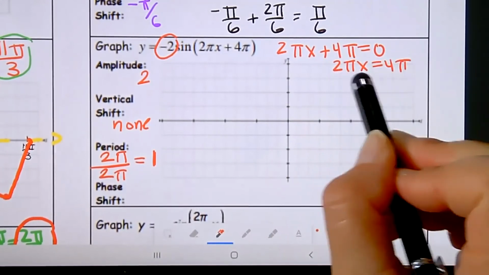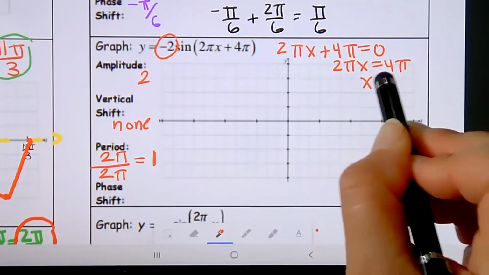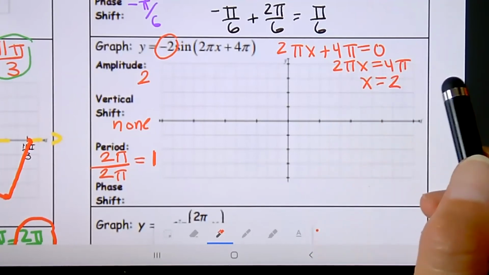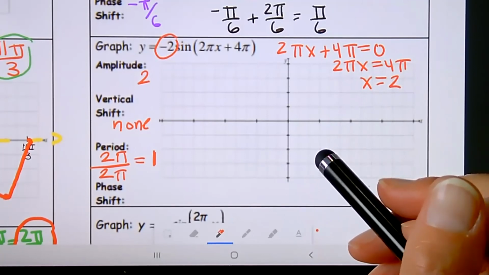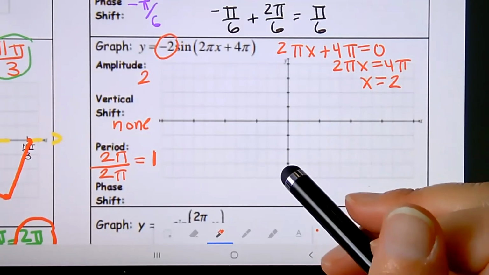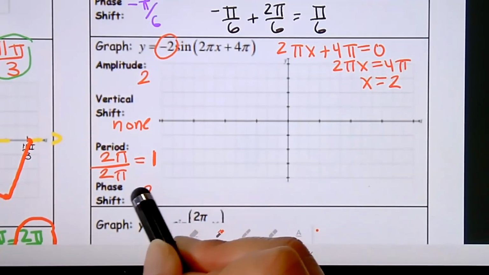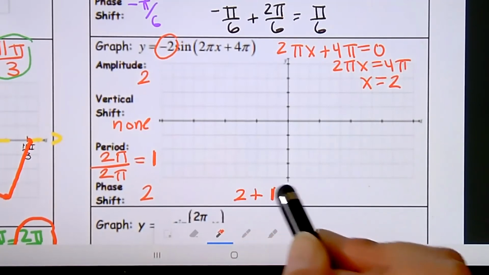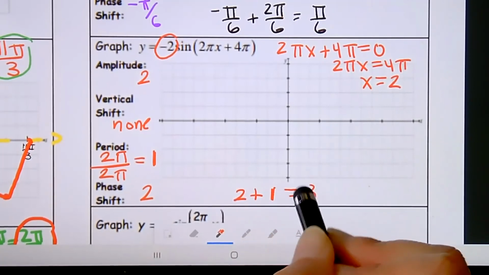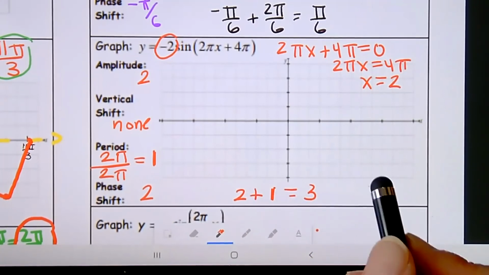I divide by 2 pi, and I end up with 2. So I'm going to be starting at 2 and ending at 3, because my start at 2 plus my period 1 means I'm going to be at 3.